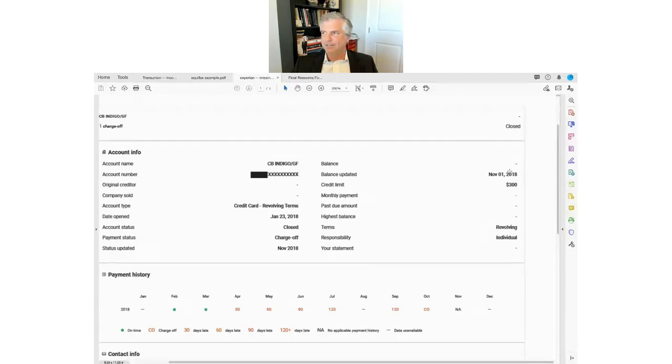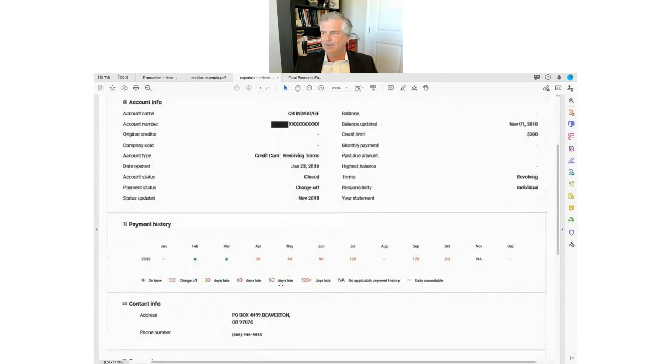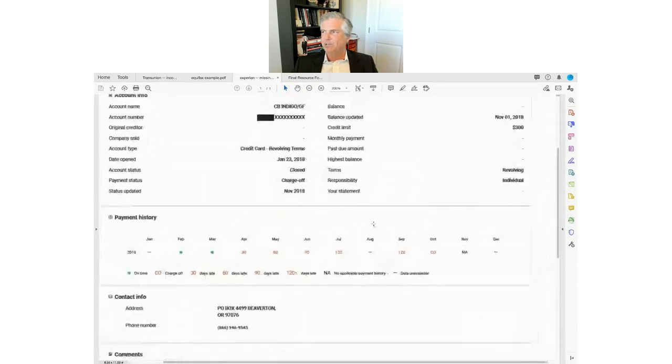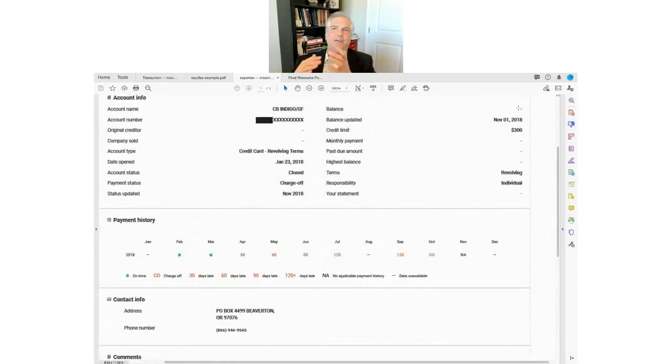That's correct, because once they sell it or transfer it, you can't have a balance there. Otherwise, you would have like $300 to the original creditor and $300 to the debt buyer. It makes it look like, oh, $600. Okay. But if they had a historical chart in here for April, it could show $300. Okay. In May, $300. That's fine because that's historical. But the current status, it better say zero balance if they've sold it.